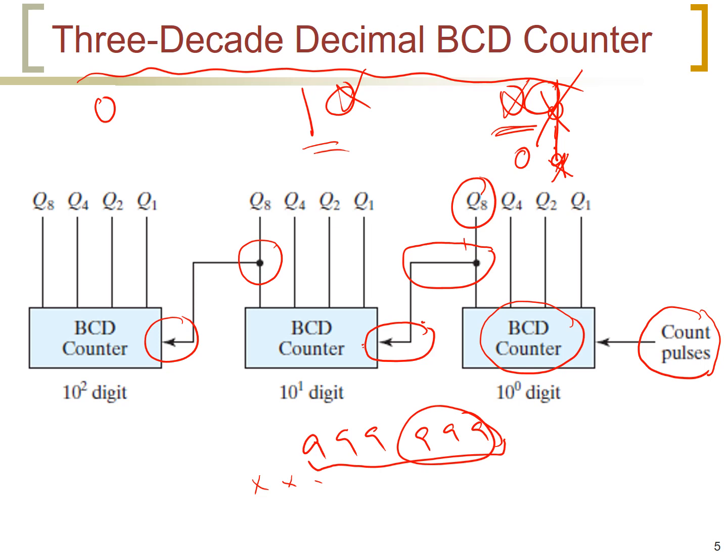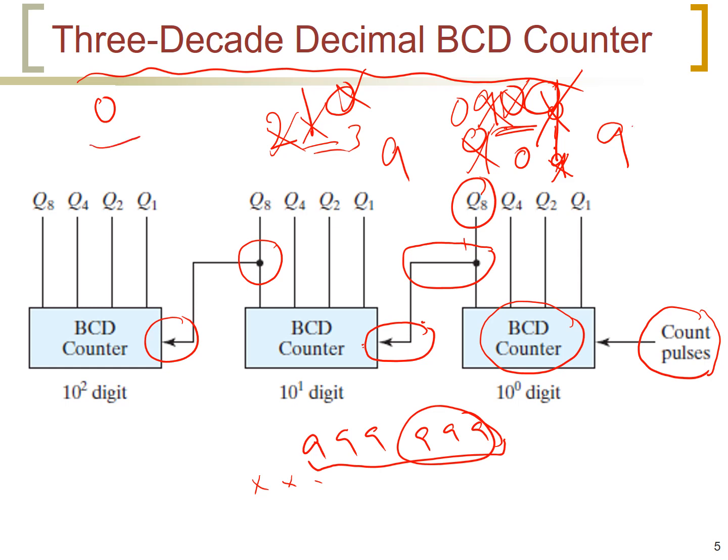Again, this will count 1, 2, 3, 4, 5 until 9, so it counts to 19. When it counts to 20, this will be 0, and this will be 2, and so on. It will go 20, 21, 22, until 29, and then this will be 0, this will be 3, and it will keep counting until this is 9, and this is 9, and this is 9, which is 99.